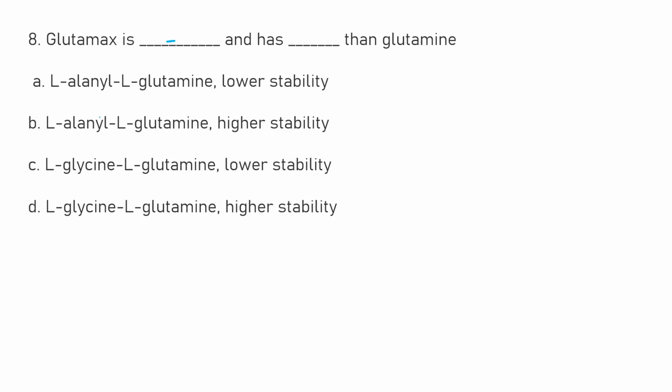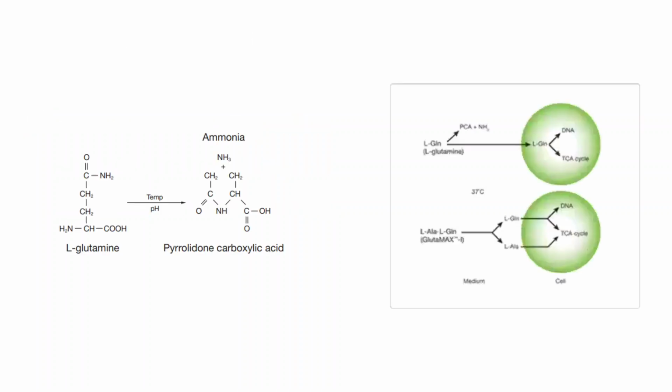GlutaMAX is basically L-alanyl-L-glutamine, and it has higher stability than glutamine. L-glutamine is used as a nitrogen source by cells, and as a nitrogen source, it is used in the synthesis of proteins, nucleic acids, etc.